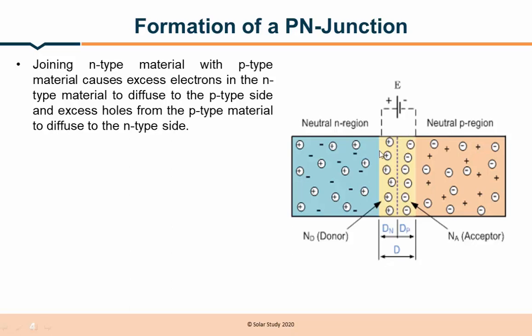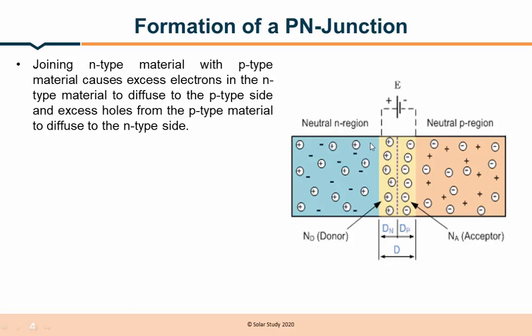Whatever electrons are present in this junction are called mobile electrons, and this complete region is called the depletion region. See, Dn is negatively charged but holes are accumulated. Dp is positively charged but electrons are accumulated.